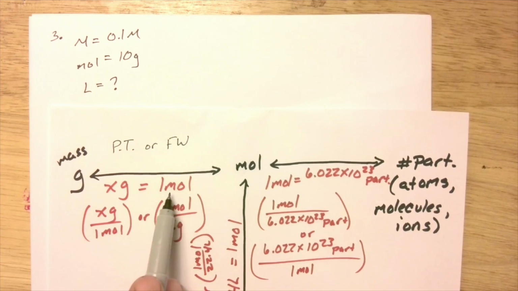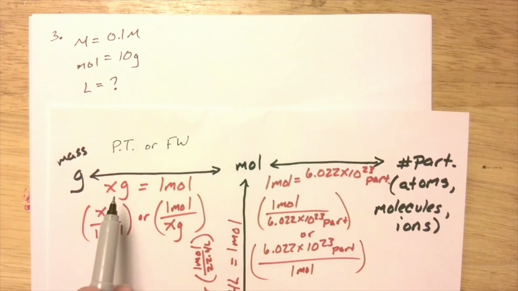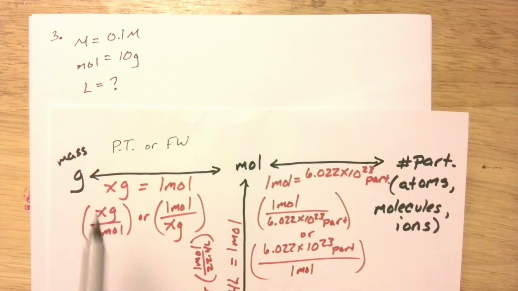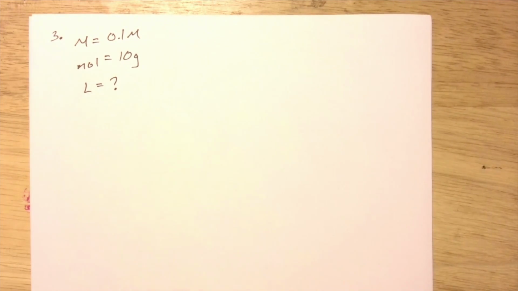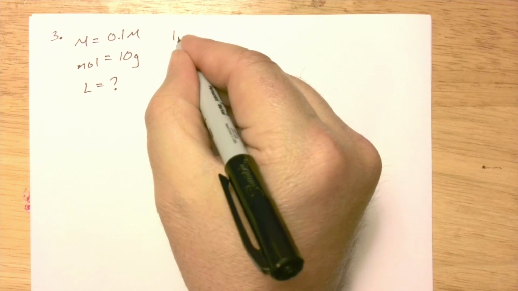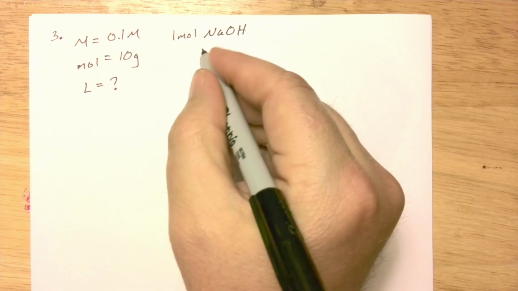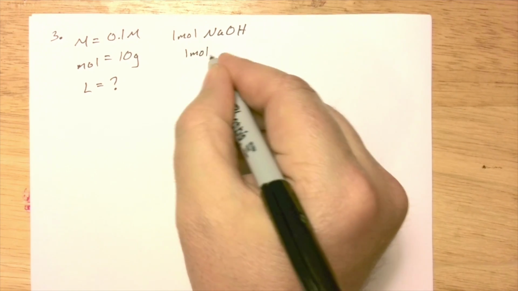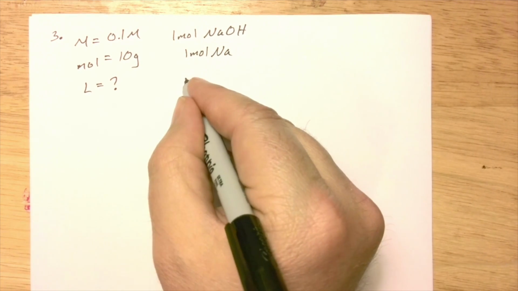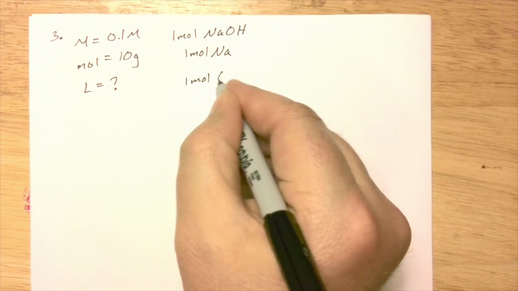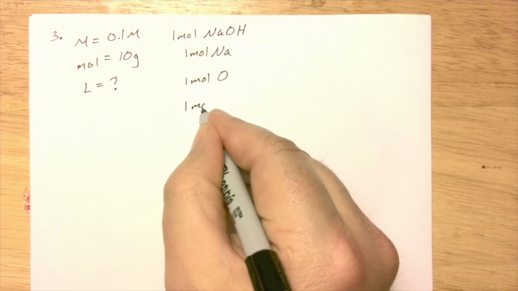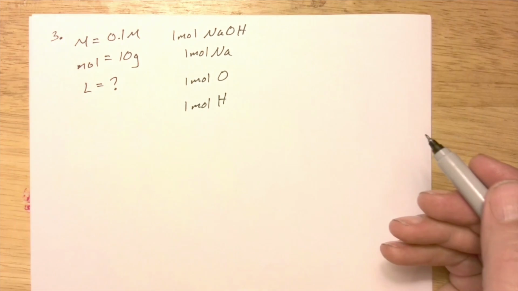So for 1 mole of sodium hydroxide, I need to find out what is this value of X here. So 1 mole of NaOH, I would have 1 mole of sodium, 1 mole of oxygen, and 1 mole of hydrogen.